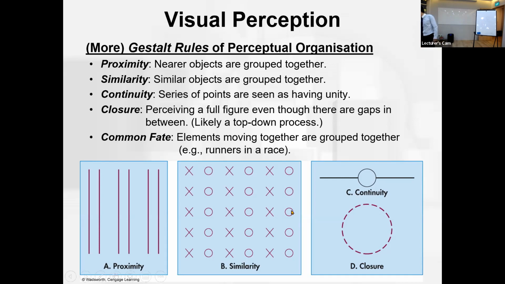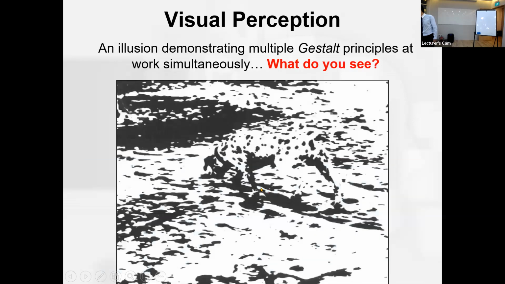Now, of course, these are only the basics. What actually drove the Gestaltists to try to discover components? If I show you the next slide, this is what inspired the Gestaltists. You've seen this before, all right, the Dalmatian dog.